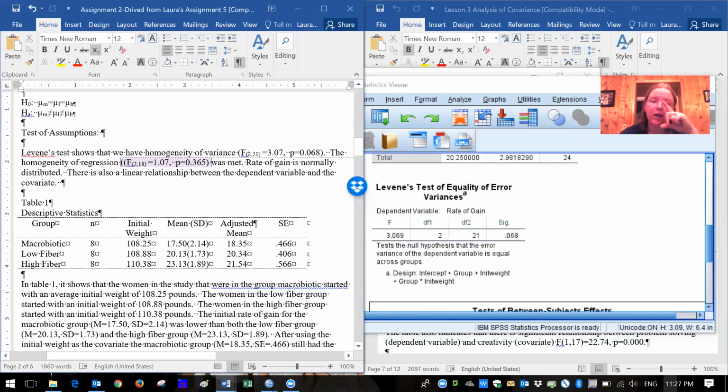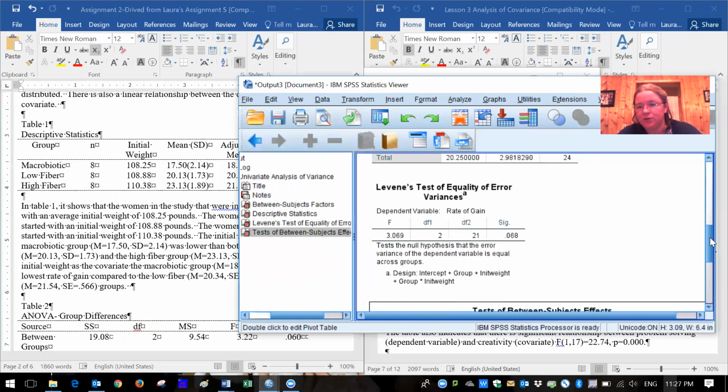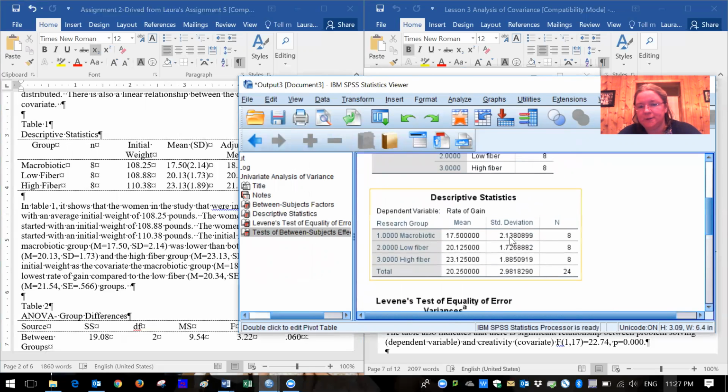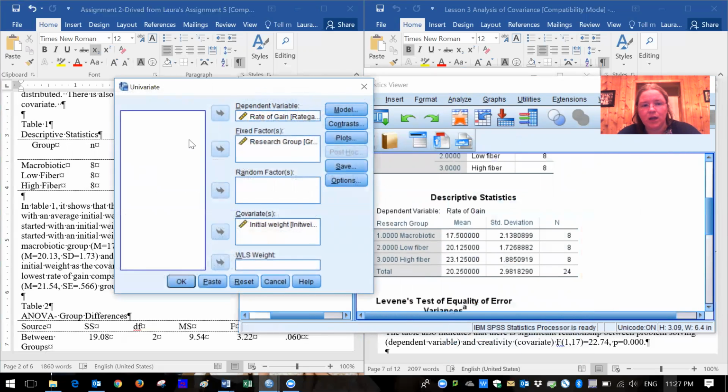Okay, so now that we know that our assumptions are good, now let's actually do the real analysis. Okay, I stole this descriptive table off of the initial analysis for these numbers here. But to do the real analysis, you're going to go back to Analyze, General Linear Model, Univariate. And all of these are going to stay as they are.